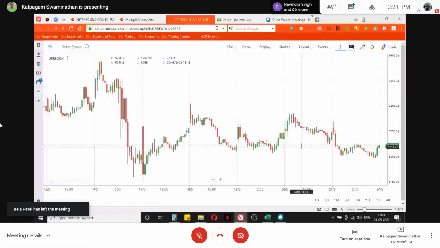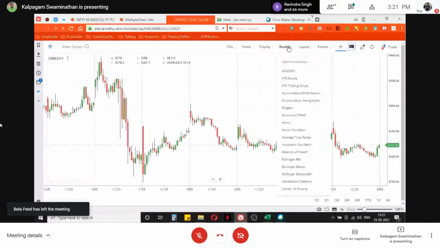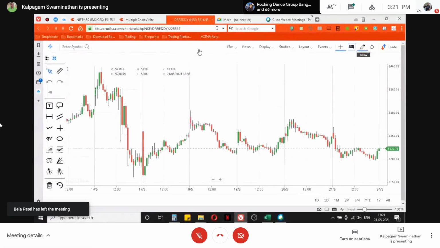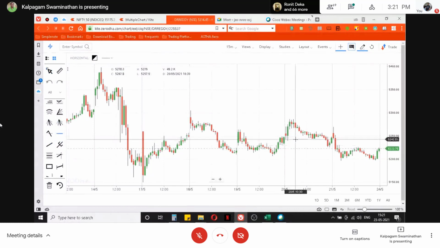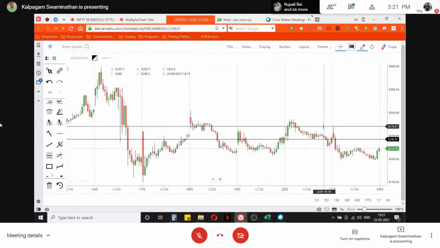That again depends on you. So your entry was here, your stop loss was above the high of this candle. You probably had what, 1:1.5 risk reward on that trade.